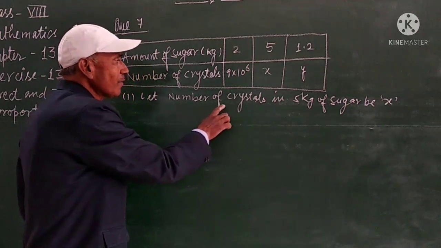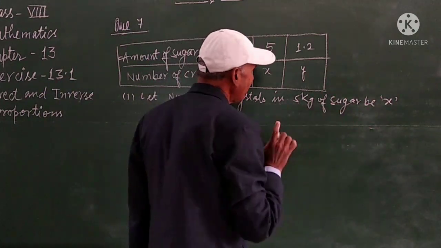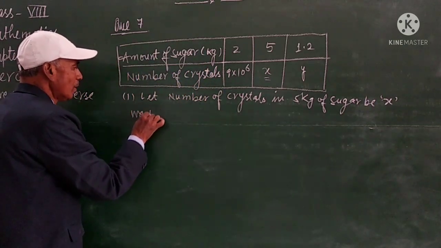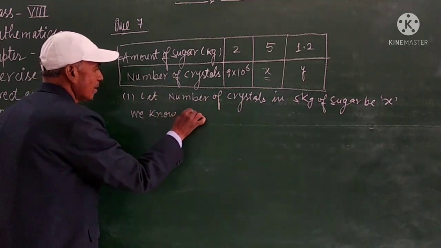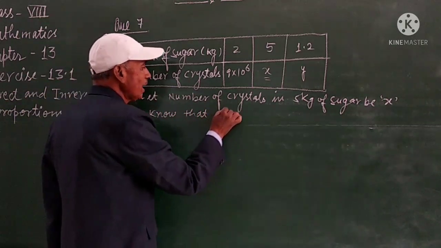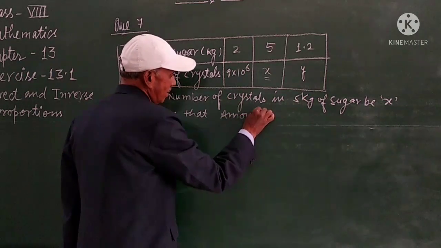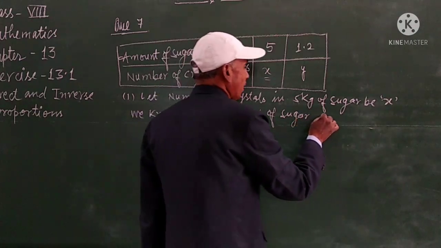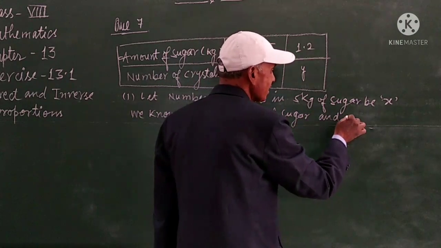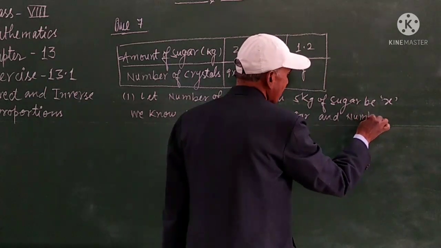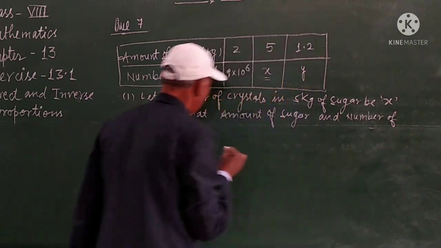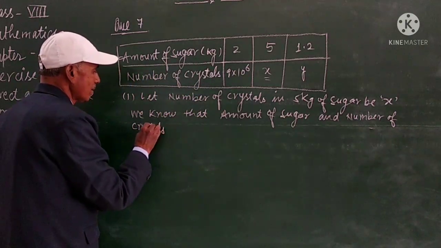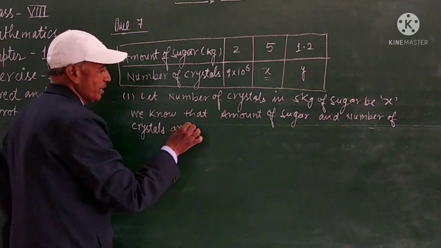So let the number of crystals in 5 kilogram of sugar be x. As we know, the amount of sugar and number of crystals are directly proportional to each other.